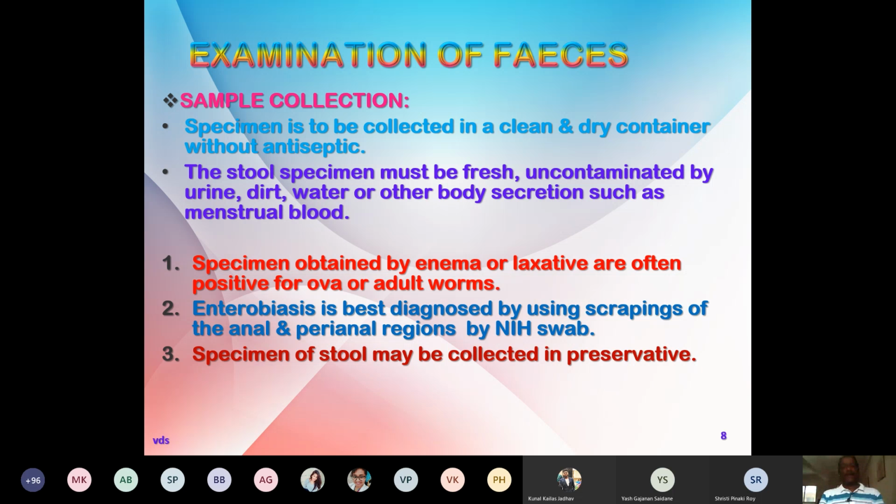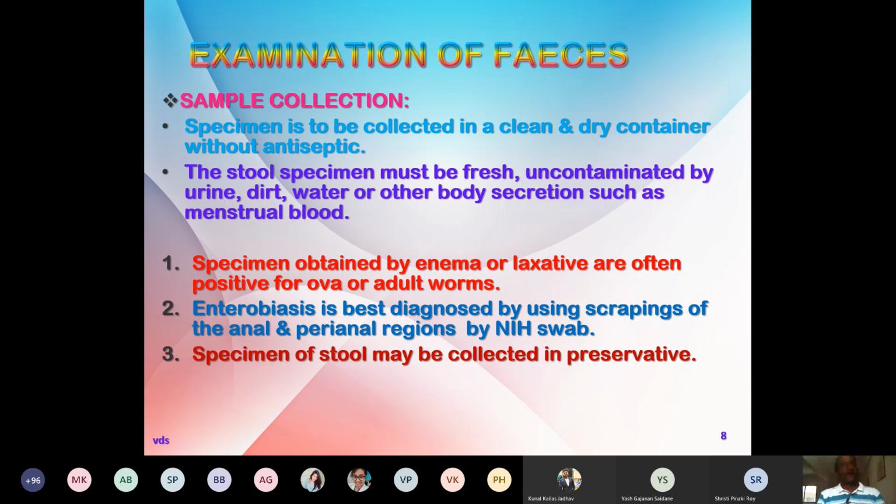Okay. Specimens obtained by enema or laxative are often positive for ova or adult worms. Now, enterobiasis is best diagnosed by using scraping of the anal and perianal region by NIH swab. Why has this been highlighted?